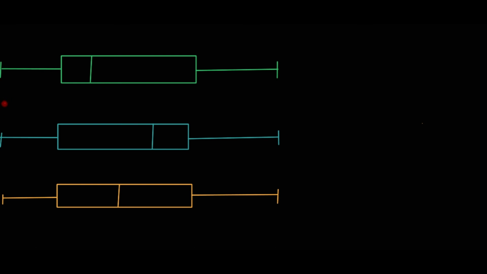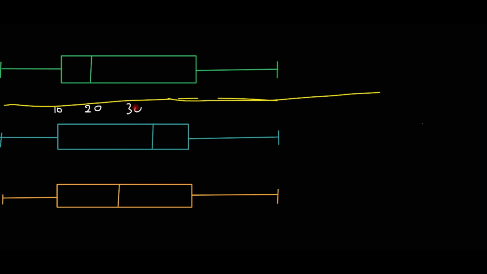Let's say for example, this is my number line, and then let's say this is 10, 20, 30, 40, 50, 60 and so forth.